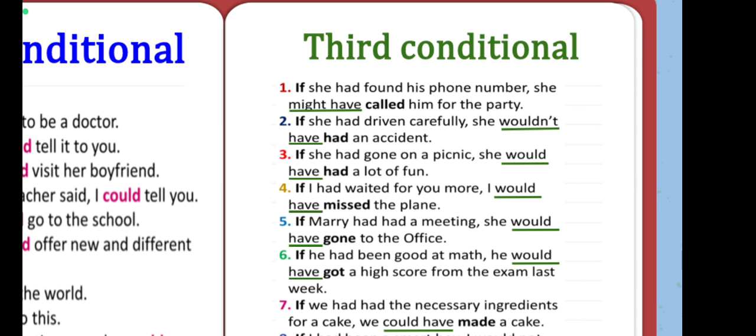If she had gone on a picnic, she would have had a lot of fun. Number 4 and 5. If I had waited for you more, I would have missed the plane. If Mary had had a meeting, she would have gone to the office.